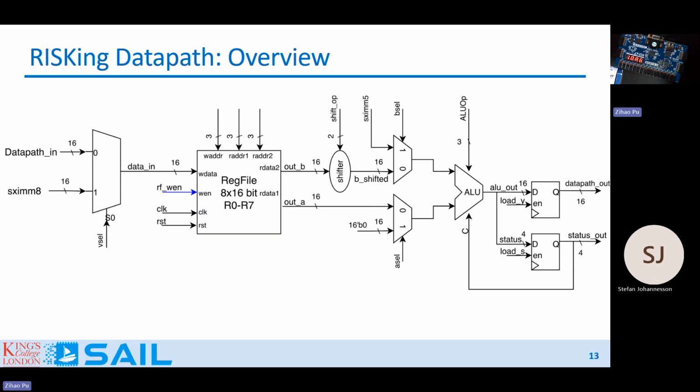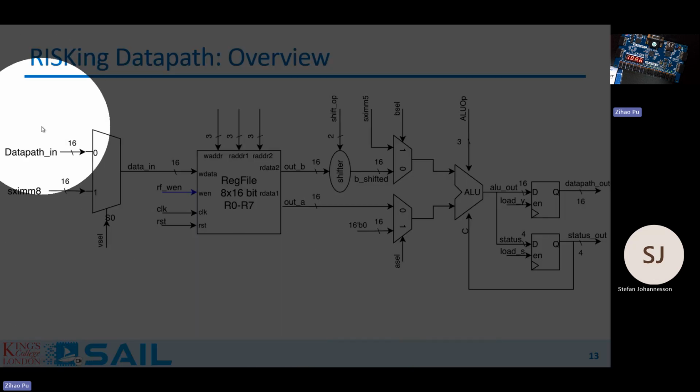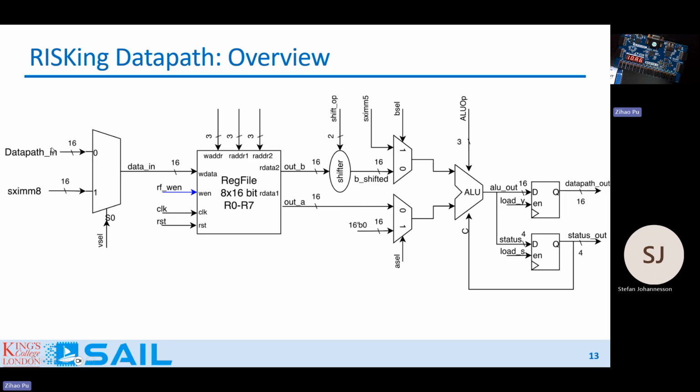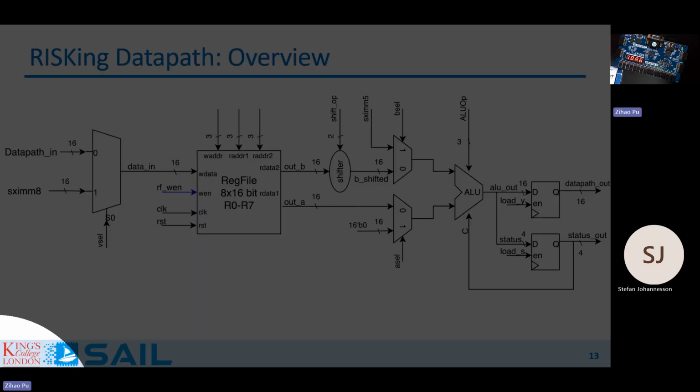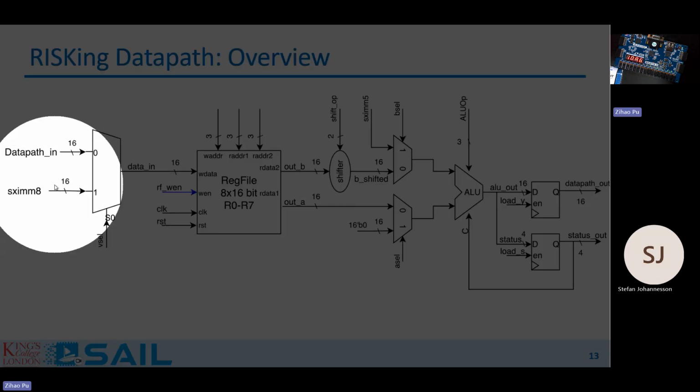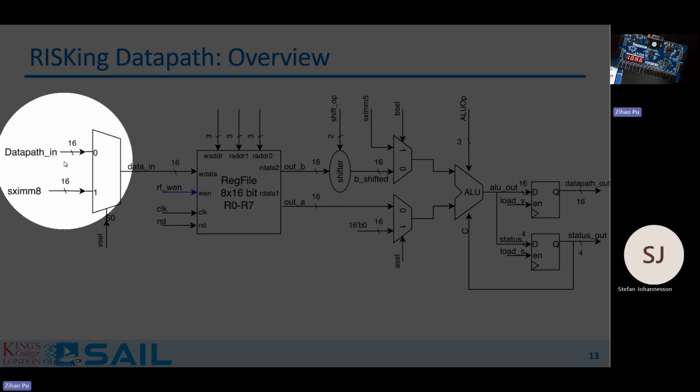Okay, and on the left side, we have 2 inputs. They are datapath in and SXIM8. SXIM8 basically refers to sign extended immediate value, 8-bit. And we have a multiplexer here from vsel, just like what Stefan did previously.